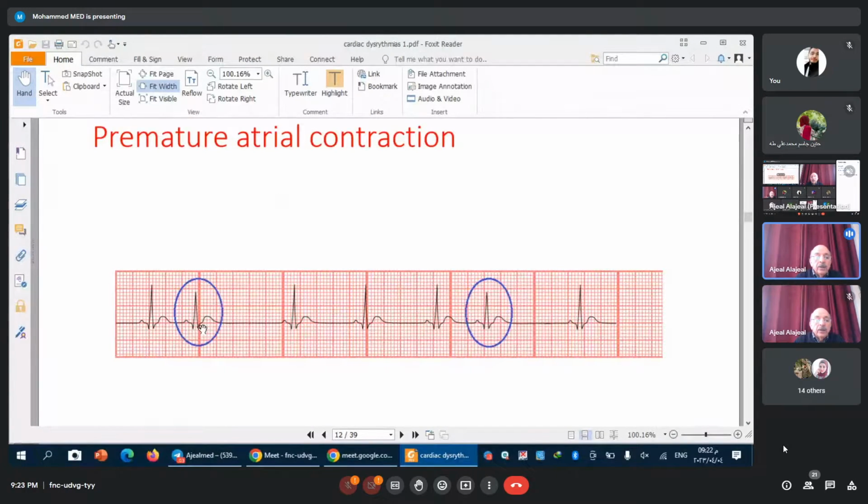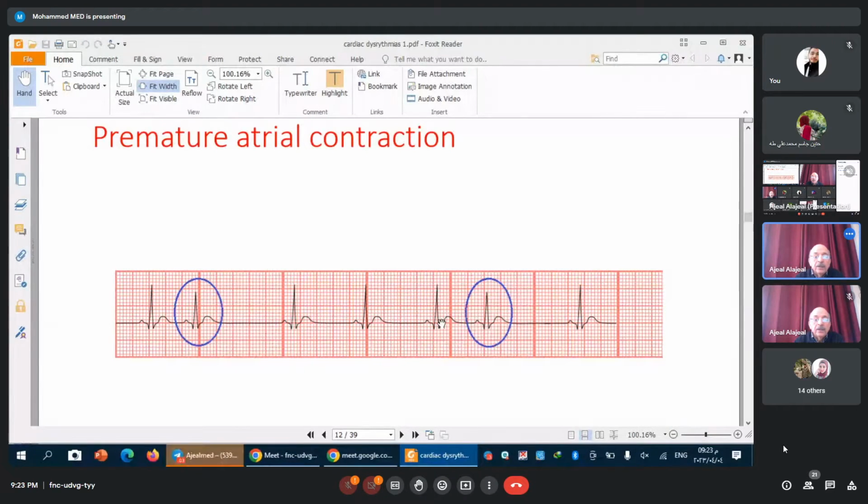You see, here this is a normal heart rate, but this one is a premature atrial beat. A premature atrial beat is usually followed by a long compensatory pause, so the beat after it will be delayed. But one very important factor: the R to the next normal R, forgetting about the ectopic, is exactly equal to this R to this one.